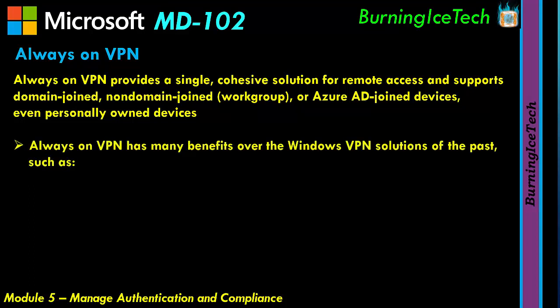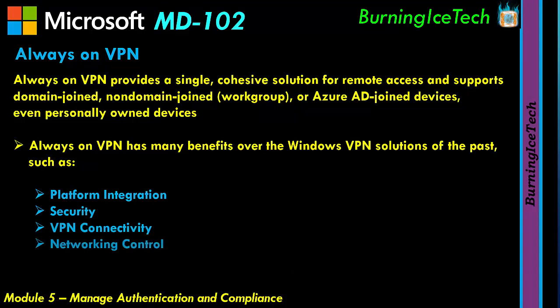Now, Always On VPN has many benefits over Windows VPN solutions of the past, such as, besides the ones I've just mentioned, platform integration, security, VPN connectivity, networking control, and lastly, folks, configuration and compatibility.